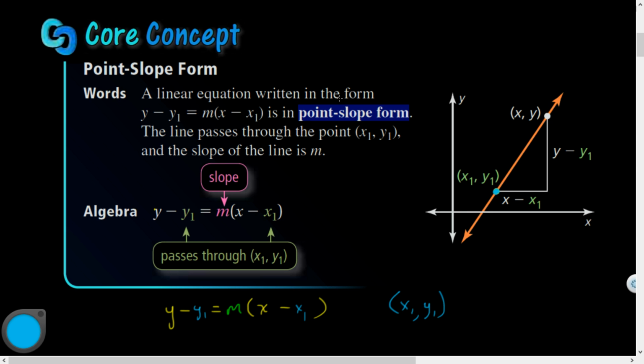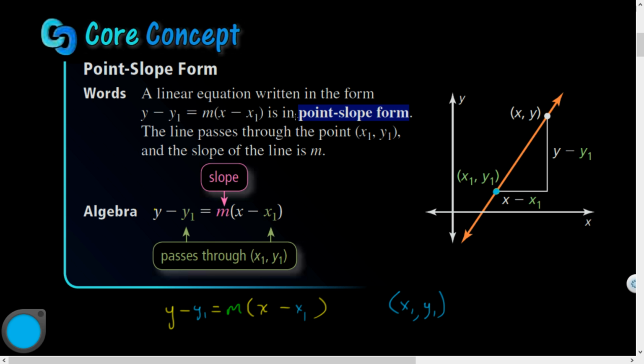So a linear equation written in the form y minus y1 equals m parentheses x minus x1 is in point slope form. Parentheses are important here. Why? Because in that form, the slope can immediately be seen. It's the number in front of the parentheses.